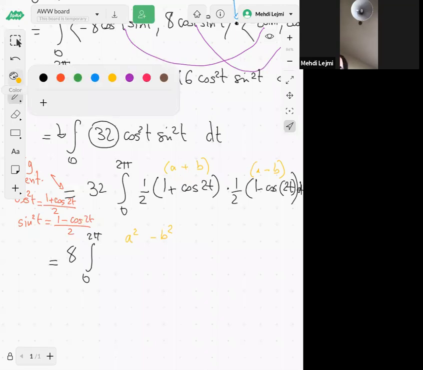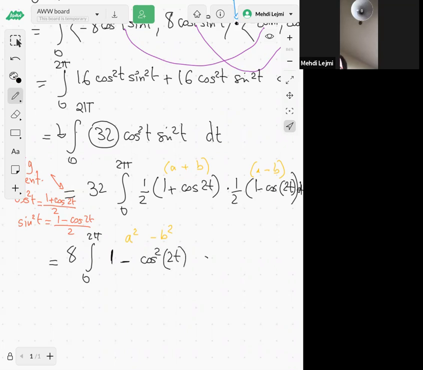So that's actually 1 minus cosine square of 2t dt. And of course, sine squared plus cosine squared is 1, so 1 minus cosine squared will be sine squared, right? So this is 8 times sine squared of 2t, dt.